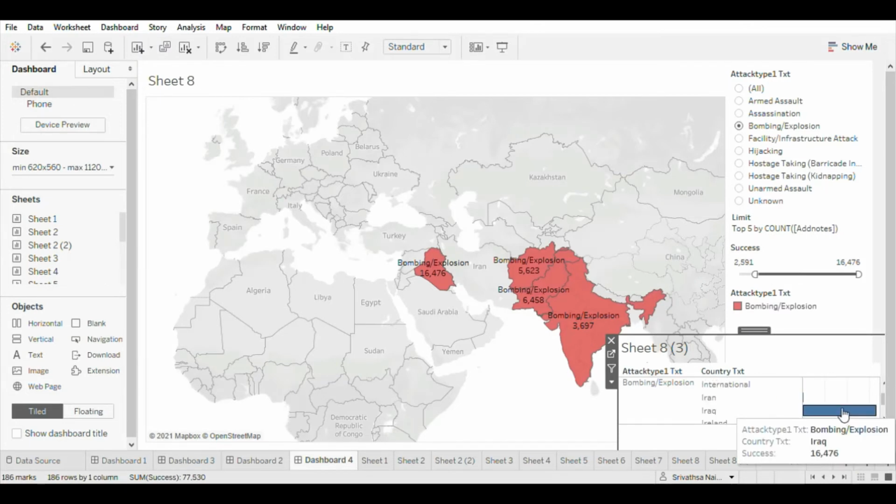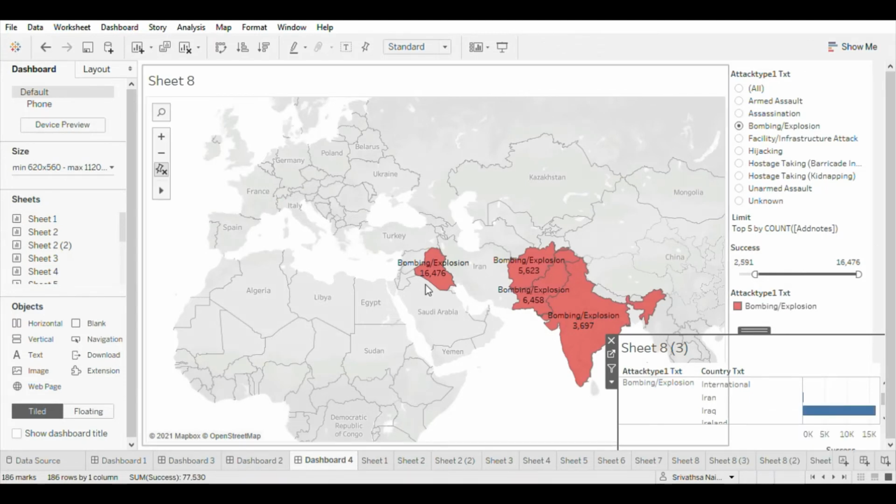You can see that Iraq has the biggest bar graph showing that it has the highest number of bombings, and the next highest being Pakistan with 6,000 bombings, and Afghanistan has 5,600 bombings. India has 3,697 successful bombings. These were the top four, with Iraq being the highest hit, Pakistan second, Afghanistan third, and India fourth.